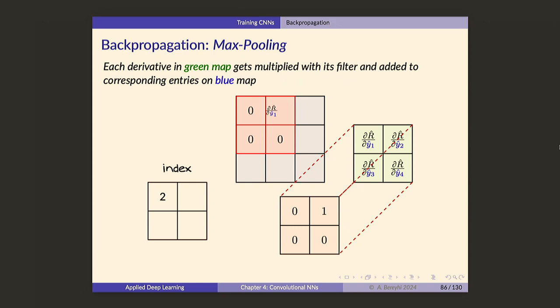And this index tells me that for the first entry, the index when you were max pooling was 2. Meaning that in this filter, which one had I taken in the max pooling? This one. So I'm going to put 1, everything else 0. Clear? Now I'm going to multiply this one with this and then put it here.